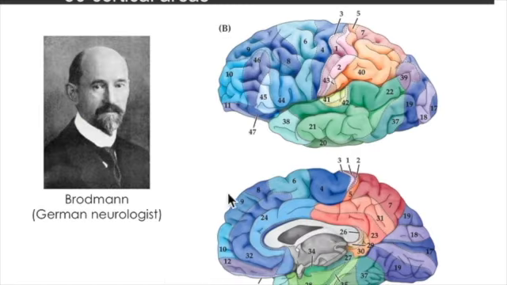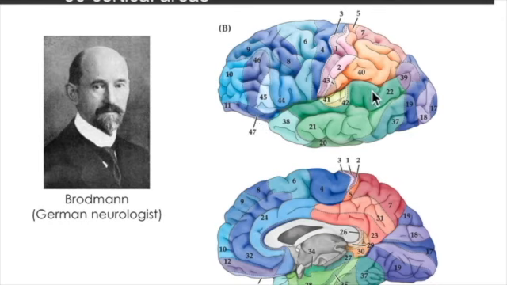Another way to slice and dice the organization of the cerebral cortex is by numbering systems that previous scientists have devised that divide the cerebral cortex into a certain number of areas. Brodmann was famously a German neurologist who very carefully did cytoarchitectonic work.